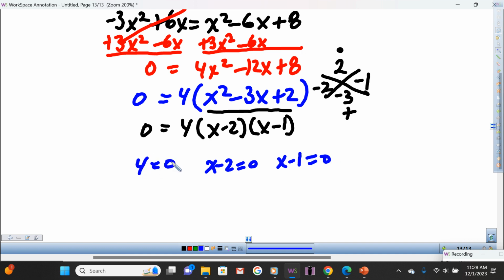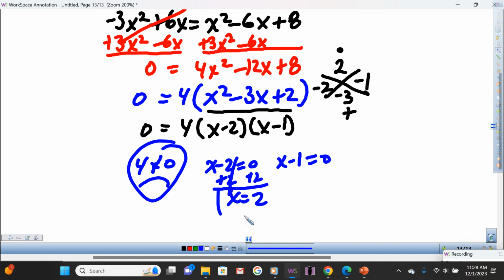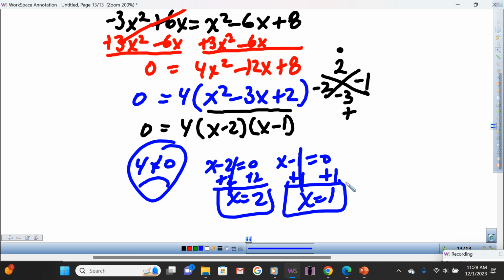So we said each one equal to 0. That is correct. Thank you, Emily P. Is 4 equal to 0, everyone? No, that cancels. We're left with these. Solve. Plus 2 plus 2. x equals 2. Plus 1 plus 1. x equals 1. And we're done.